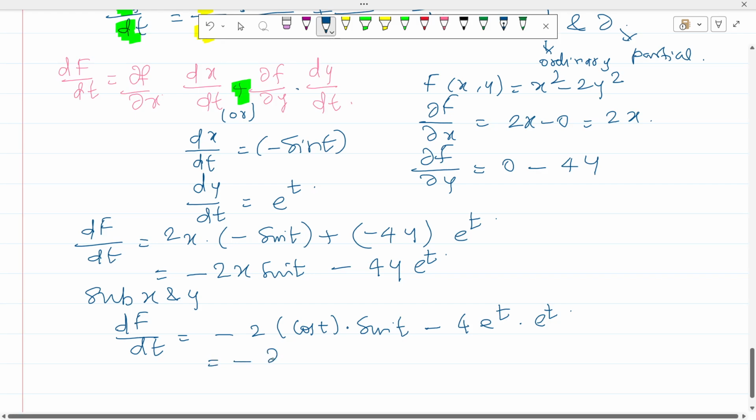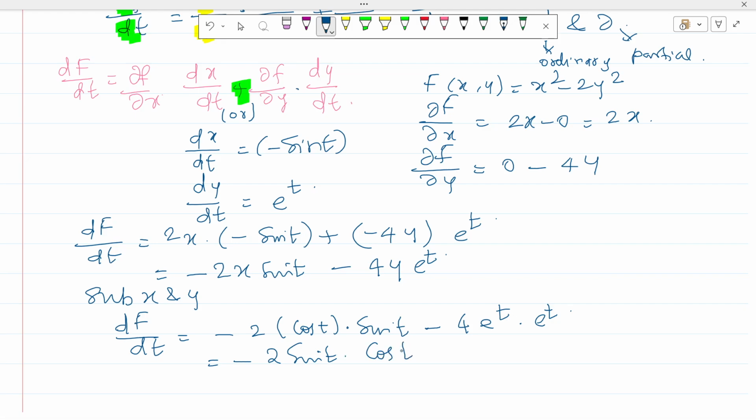So that is minus 2 sin t cos t minus 4 e power 2t.